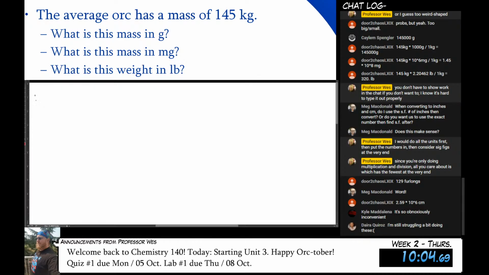So we're going to start with 145 kilograms. And for this first problem, we want to turn kilograms into grams. If I look up a conversion for kilograms to grams, I could find that 1 kilogram is 10 to the third grams.